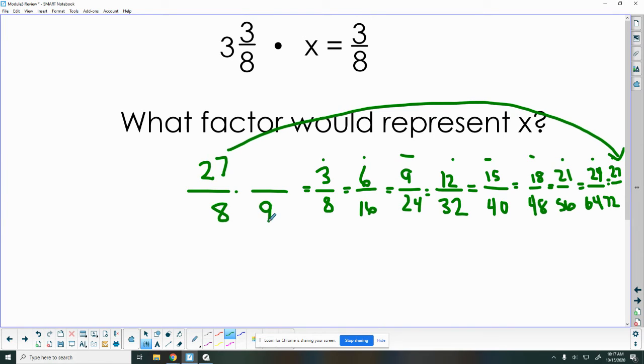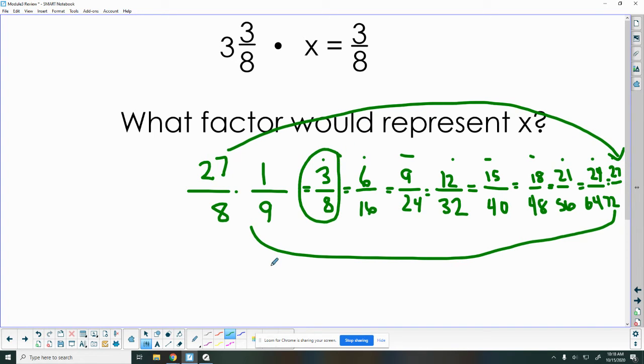So my denominator is 9. So 8 times 9 is 72. 27 times what is 27? 27 times 1. So 1 times 27 is 27. 8 times 9 is 72. When I simplify those, it equals 3/8.